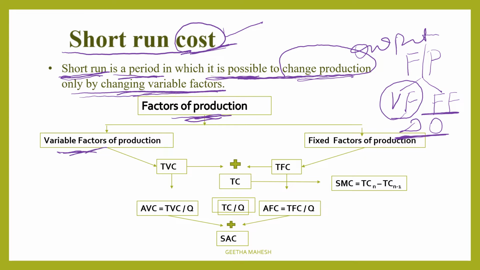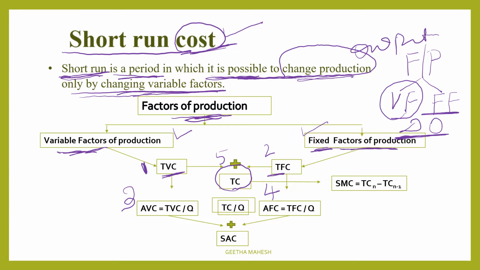You can see here, dear students, the factors of production are of two types: variable factors of production and fixed factors of production. By considering these, we can make different types of short run cost. The first one is total variable cost, the second one total fixed cost from the side of fixed factors of production, then average variable cost, then average fixed cost. When you add total variable cost and total fixed cost, you will get total cost. Let me consider that as the fifth one.